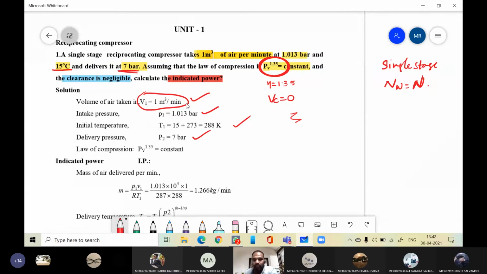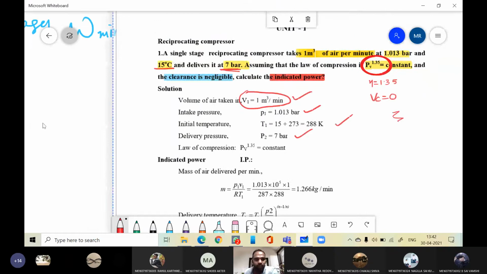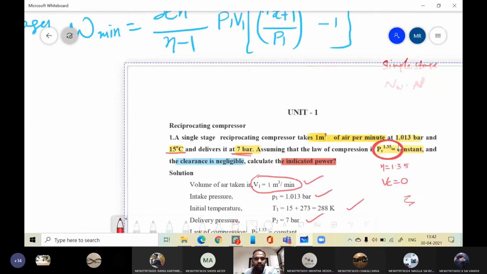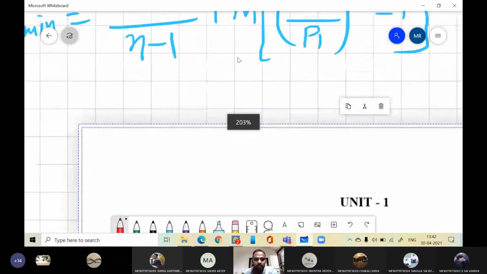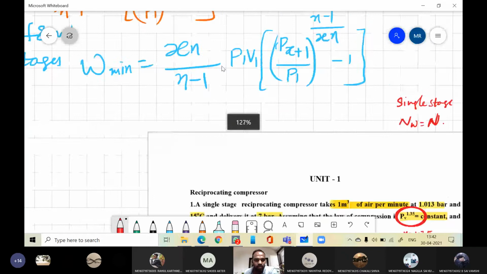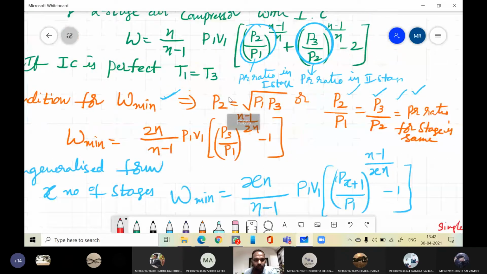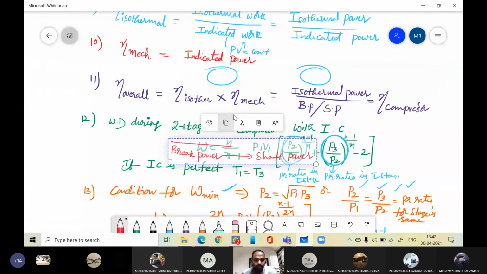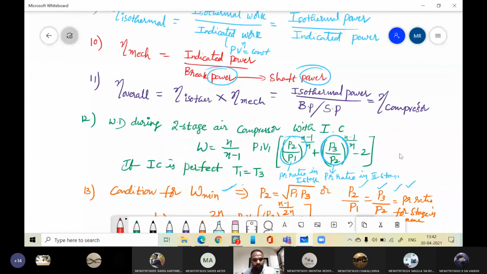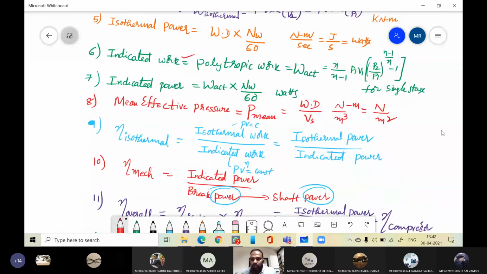Here, if you remember in previous formulas, I didn't consider the clearance volume. Let me give clarity here. By considering VC equal to 0, in the sixth formula I'm talking, clearance volume is neglected.